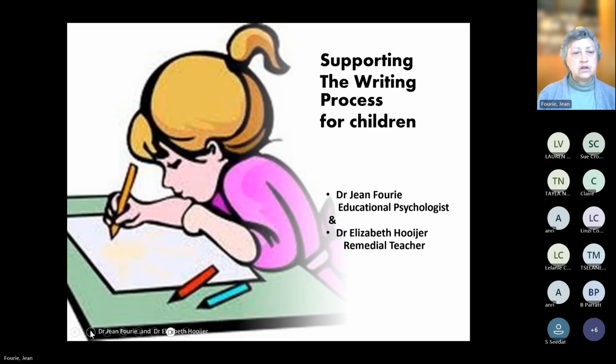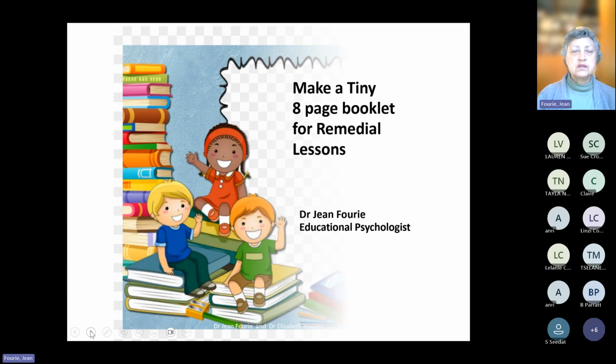The writing process can start when you make a little booklet of some sort, and I'm going to leave the instructions and a link to a video on how to make a little booklet. It's called an 8-page book.